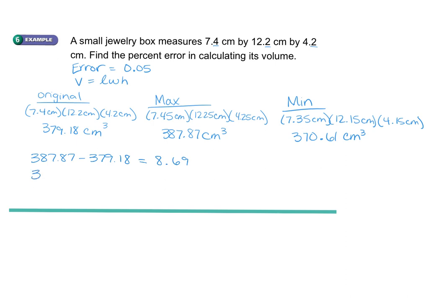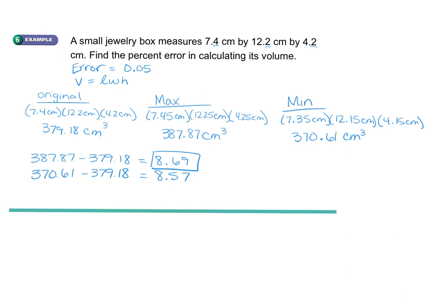Take our minimum, subtract off the original. That's going to give us our error amount. Okay, so we need the greatest possible error. So that's the 8.69. So that's going to be our maximum.